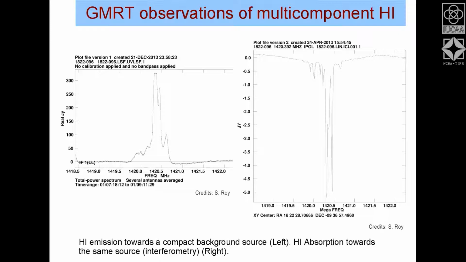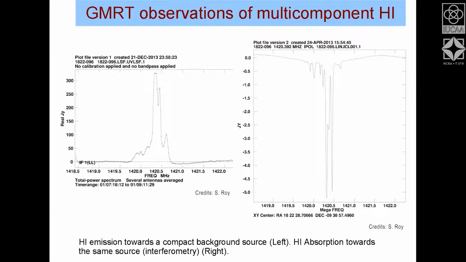Leaving that apart, the main thing to say is that in Young's double slit experiment, depending on the baseline length, that is the distance between the two slits, the fringe width goes down and down. For GMRT, each slit can be thought of as an antenna, and the separation between two antennas is known as the baseline length.